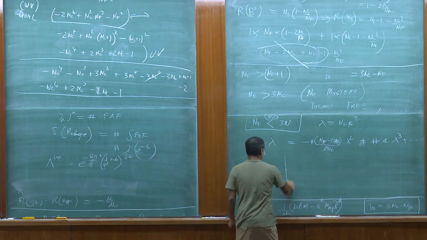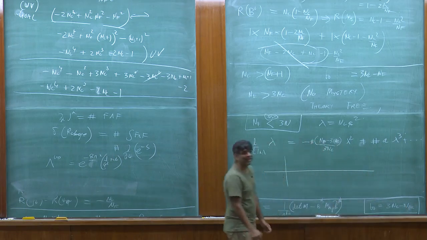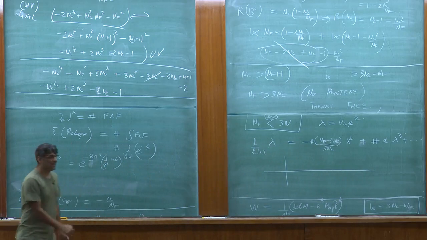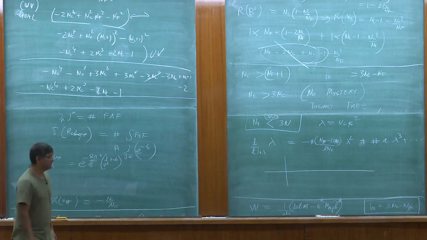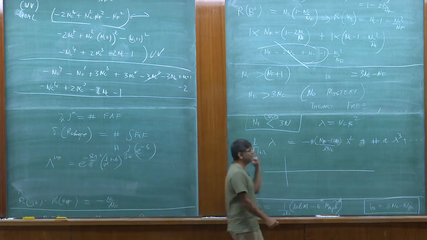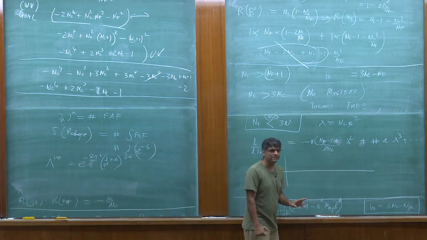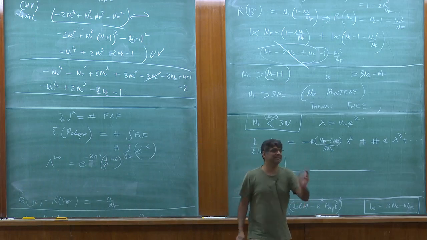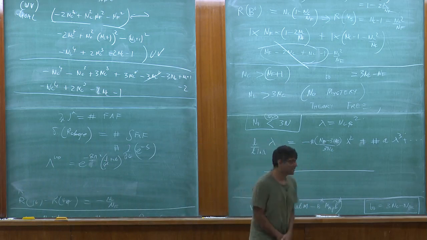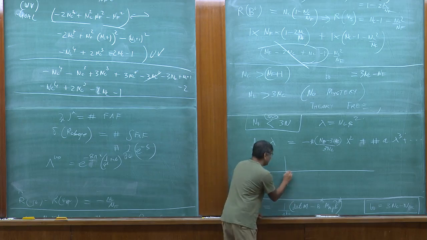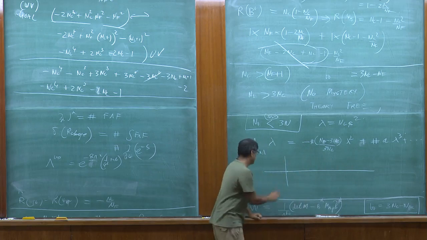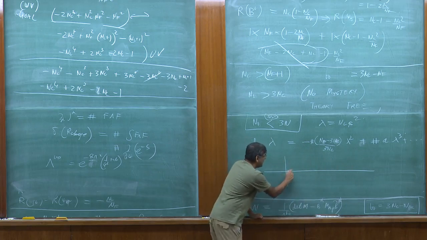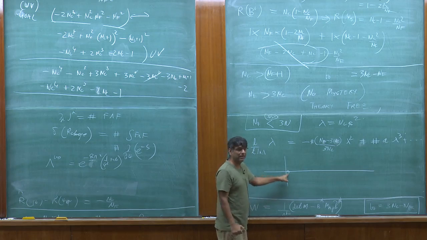Now, let's look at how the renormalization group flow towards the IR happens in such a theory. This was the beta function for flows towards the UV. If you want flows towards the IR, you have to flip the sign of the right hand side. This tells us that if we start with some lambda, it increases. This is simply the statement that lambda becomes more and more strongly coupled as we go to the IR.